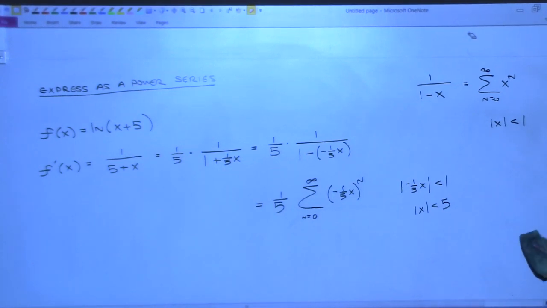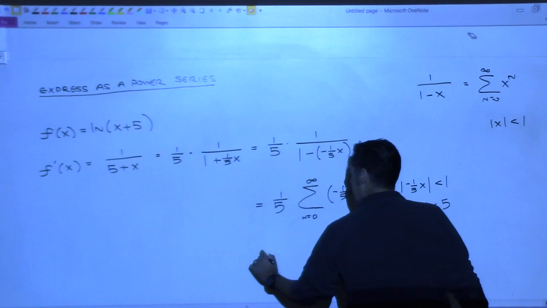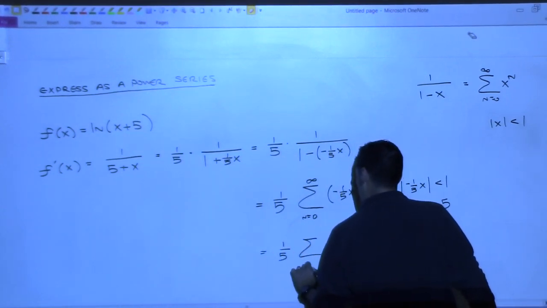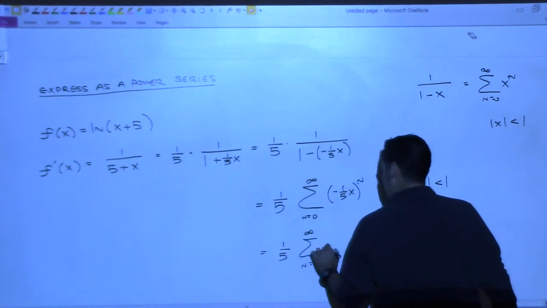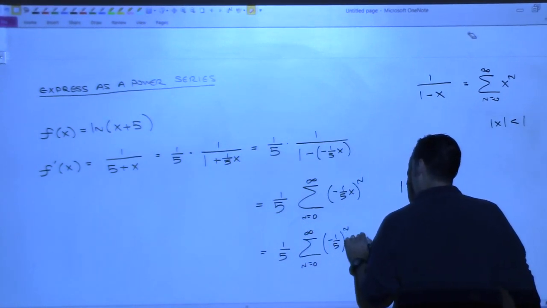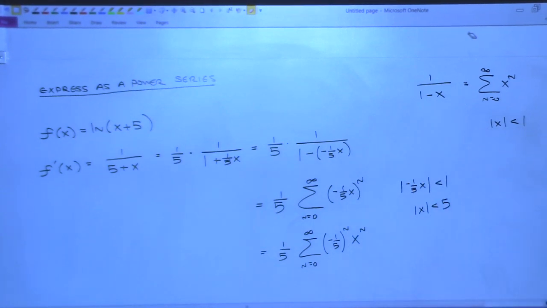Now I'm going to rewrite that a little bit. This is going to be 1/5 sum n equals 0 to infinity of negative 1/5 to the n, x to the n. Right? Separated it, split it into two.